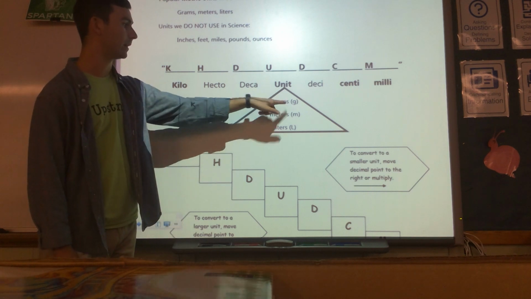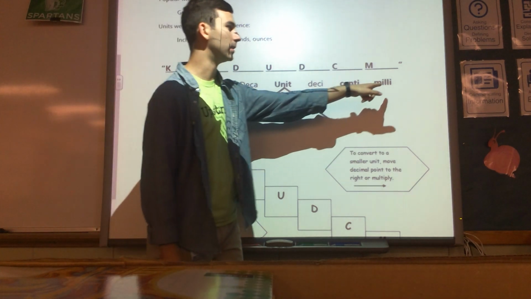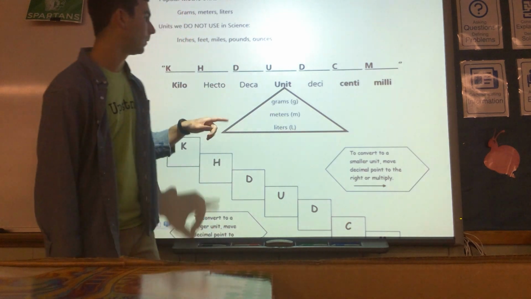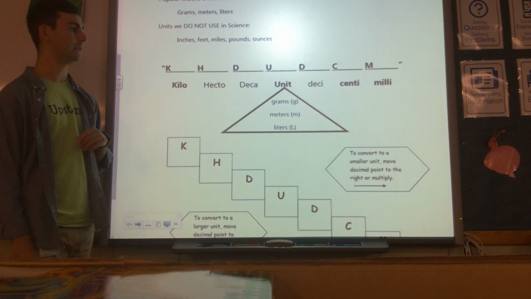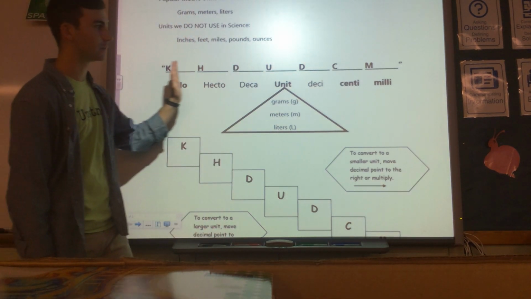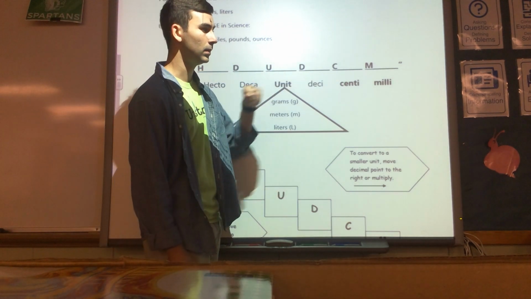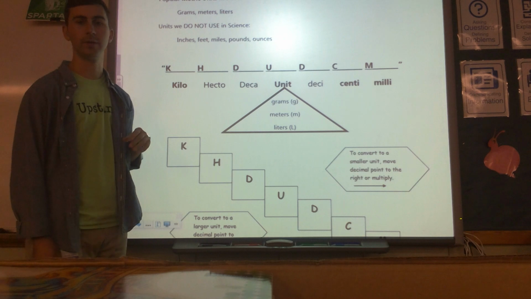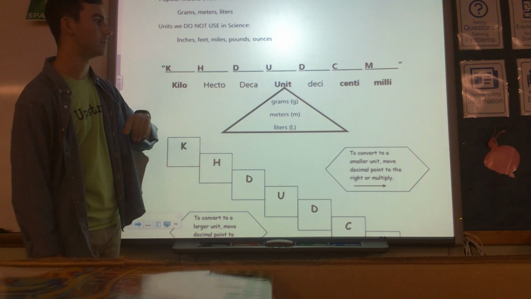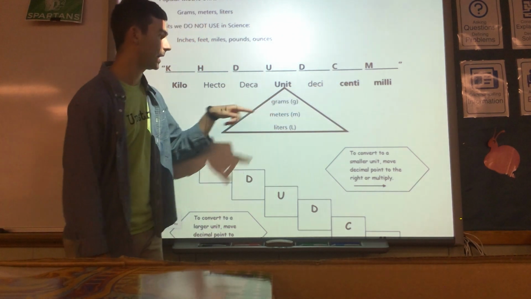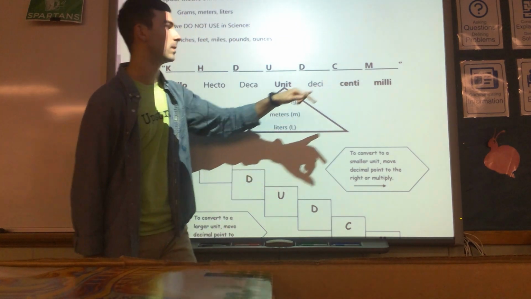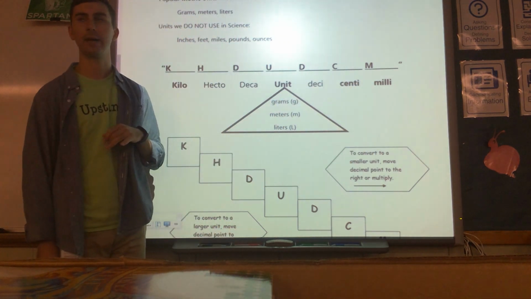So let's say you have regular old grams, a very small unit of grams would be milligrams, or a very big unit of grams would be kilograms. As we go from left to right, our prefixes go from big to small, okay? And we can take these prefixes and attach them onto any one of our base units. So we can have milligrams, or millimeters, or milliliters, okay?